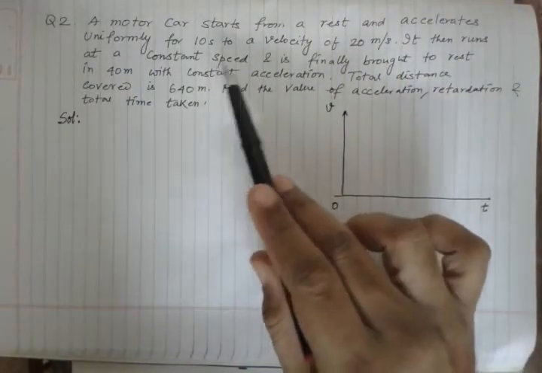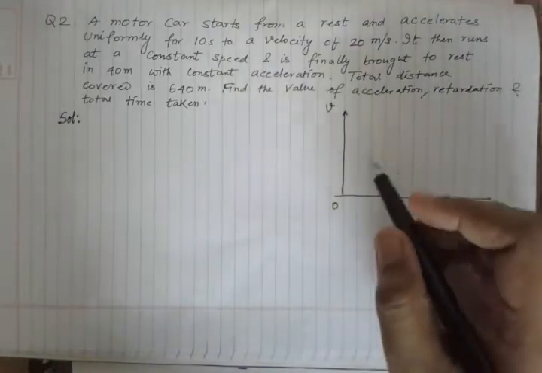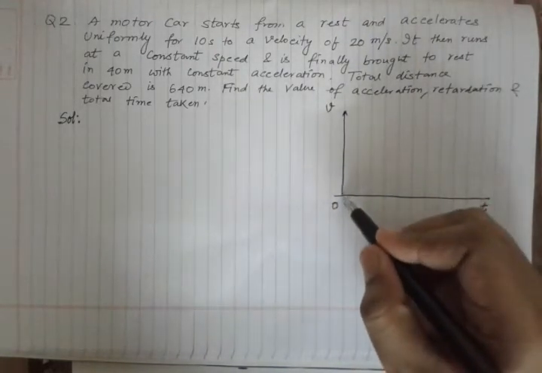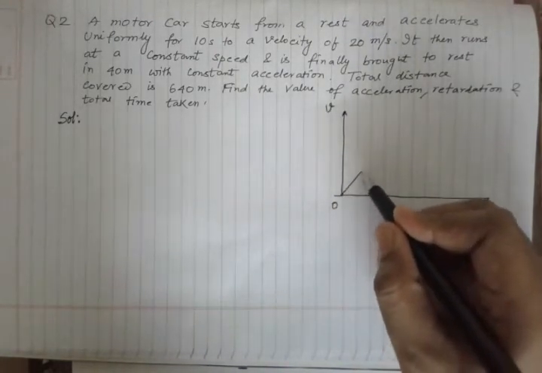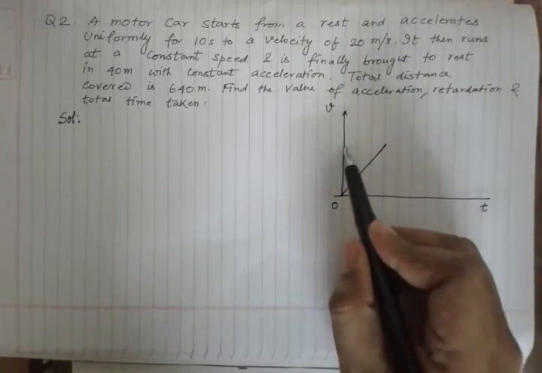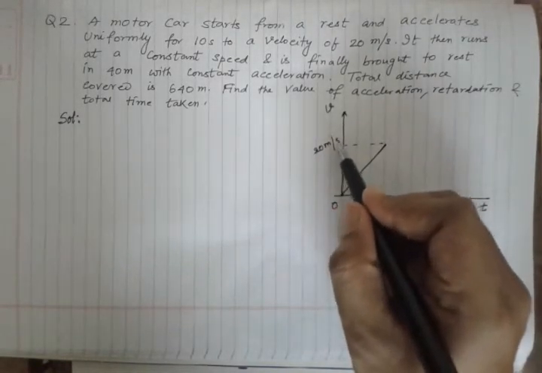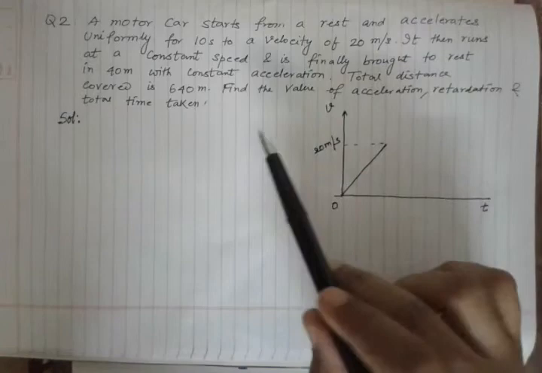The motor car starts from the rest and accelerates uniformly for 10 seconds to a velocity of 20 meters per second. That means it started from here like this. It is accelerating. Acceleration means the velocity will increase. Now this much velocity is 20 meters per second. Now what will happen after that?